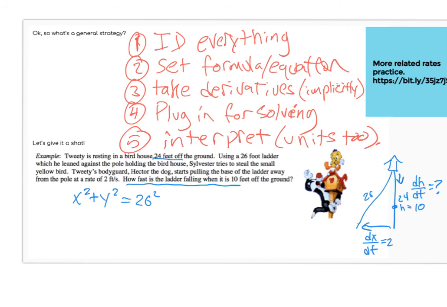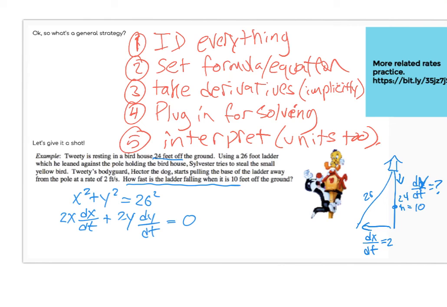When I take my derivative, I'm going to have 2x dx/dt plus 2y dy/dt is equal to 0. All right, I want to get dy/dt, which I called dh/dt over there, by itself, because that's what we're looking for.